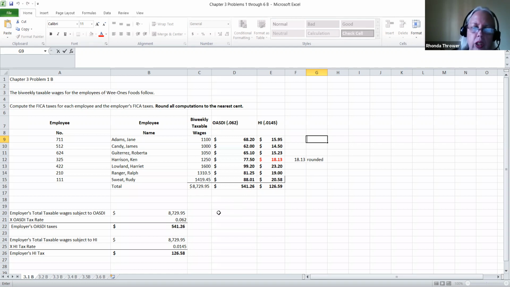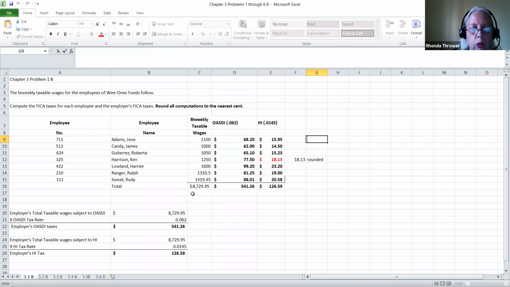Usually what I tell students is that the OASDI and HI are really doubled. The employee pays part and the employer pays part. Sometimes it'll work out that these are the same, but sometimes it won't because of a rounding error. So just make sure you don't get any rounding errors.